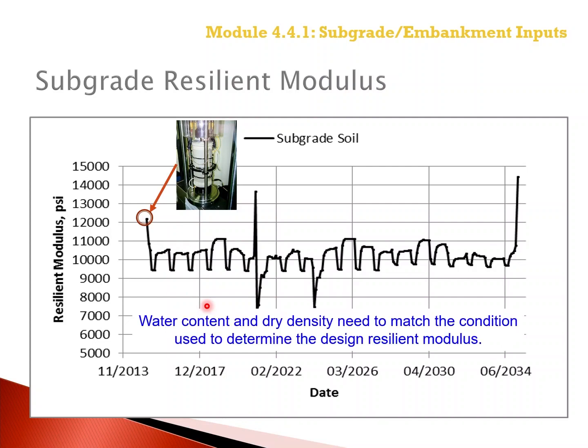The important point is that the water content and dry density of the subgrade soil and embankment layers must be compatible with the condition of the soil samples used to estimate the starting point for the resilient modulus, or design resilient modulus, entered in the Pavement ME design software.